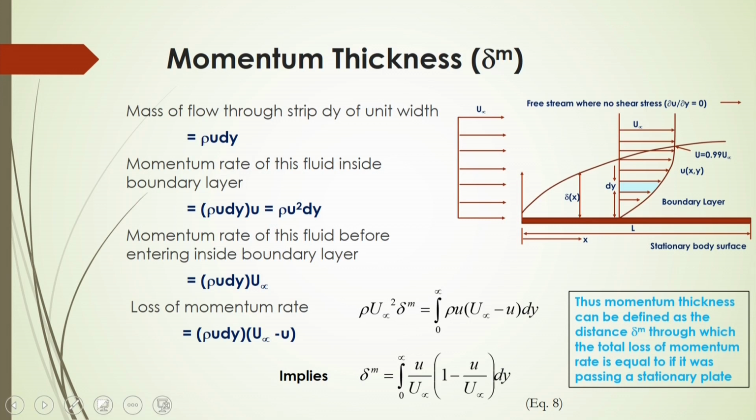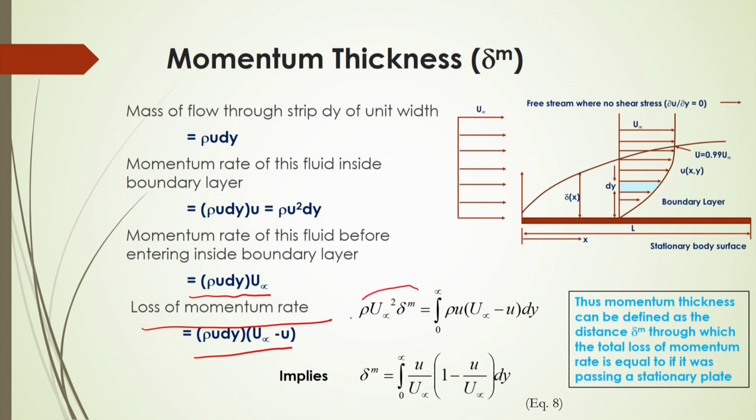The momentum rate of this fluid before entering the boundary layer will be rho u dy into u infinity. Subtracting these two terms, we get the loss of momentum rate.